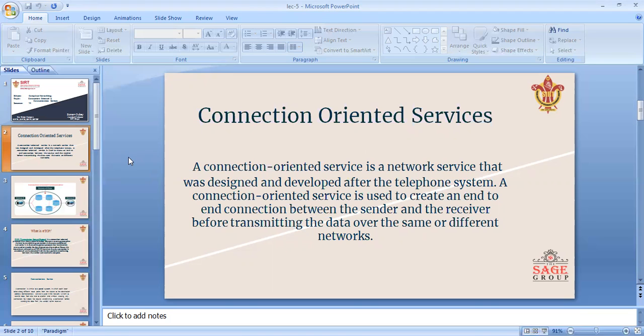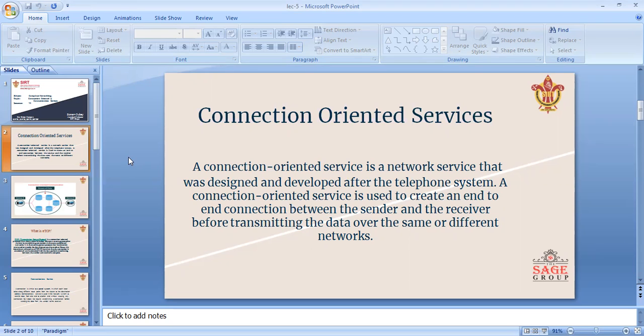When we design any network, we require two types of services: either connection-oriented services or connection-less services. Connection-oriented services are used to create an end-to-end connection between sender and receiver for transmitting data, either in the same or different networks.